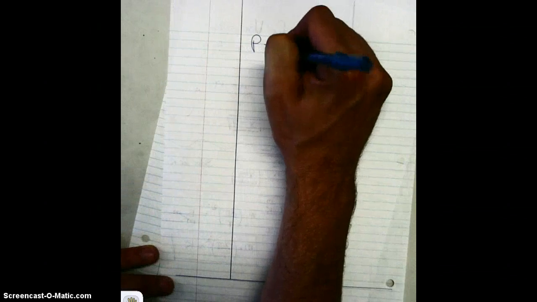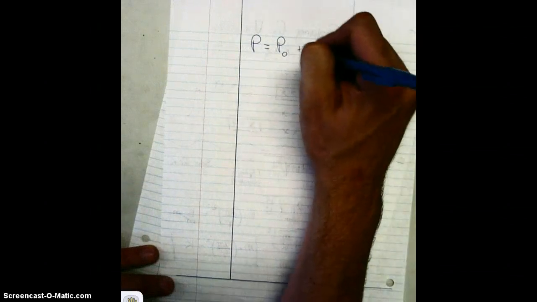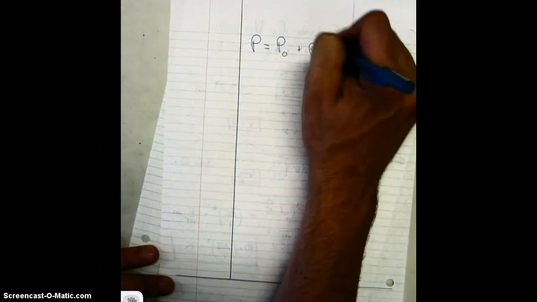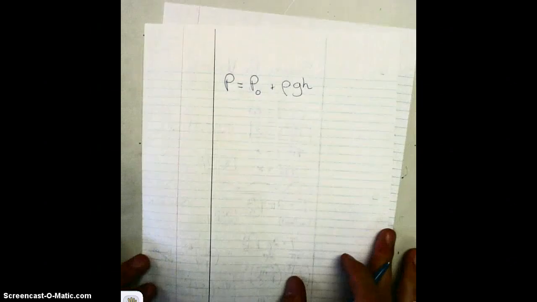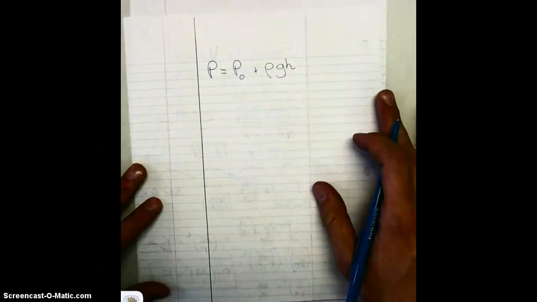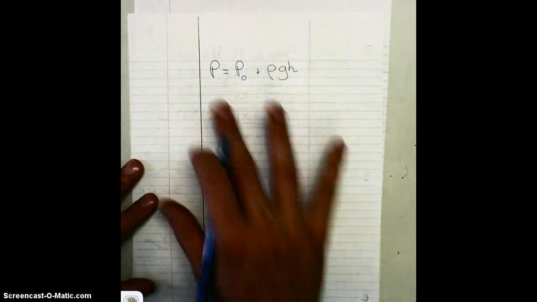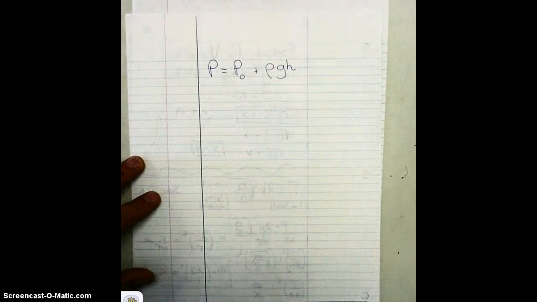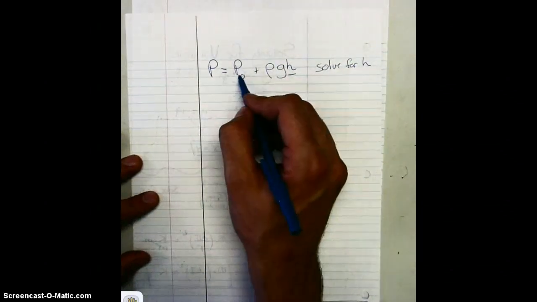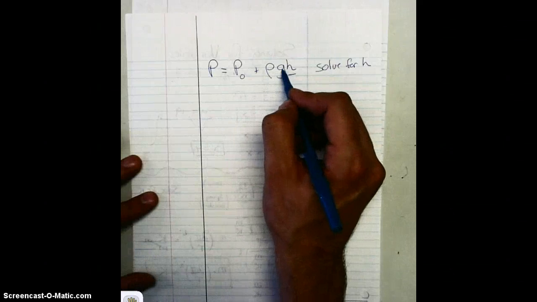Here's another equation for you. Pressure equals the initial pressure plus rho g h. Once again, this is an equation we will use in our class. I don't expect you to know what this is yet. I want you to solve for h. In order to solve for h, we need to get rid of the initial pressure and then the rho and the g.